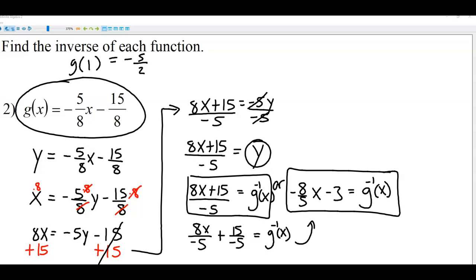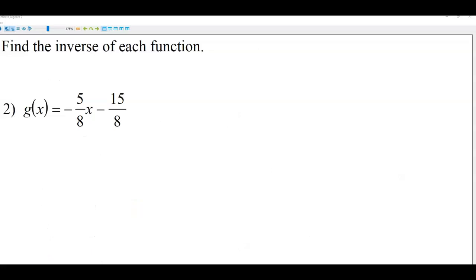But this function over here, if I were the inverse function, if I were to plug in negative 5/2, I would get 1. So that's what inverses are. It's the opposite function. So we just found the opposite function. The reason we're talking about this in this chapter is because logarithms are the opposite function of an exponential function.